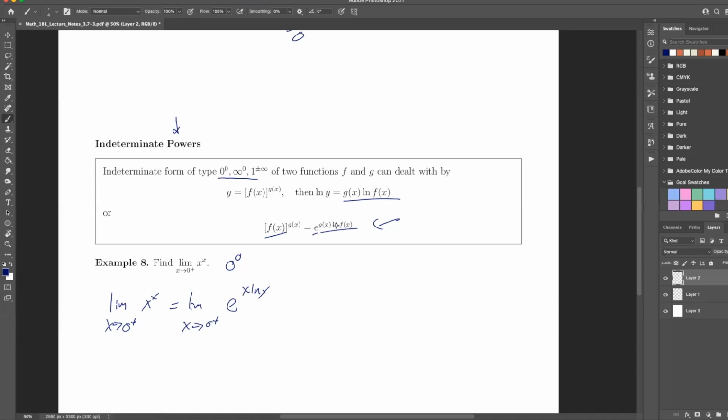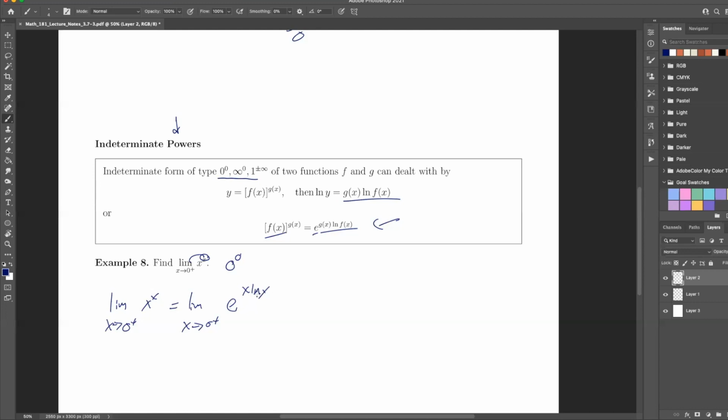Here I'm taking my power, putting it out front, and then writing ln of what's here. I guess if I chose something besides x and x, it would be a little bit more clear what's going on.